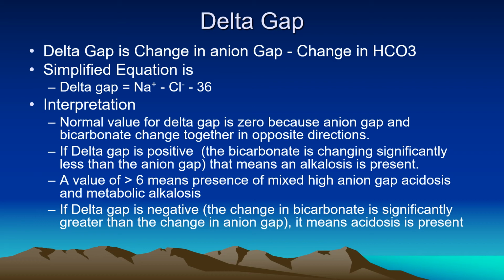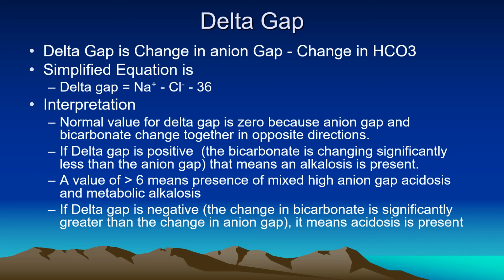However, if delta gap is positive, that means bicarbonate is changing significantly less than anion gap, and that means coexistence of metabolic alkalosis. However, where delta gap is negative, that means there is a coexistence of metabolic acidosis, another acidotic disorder.